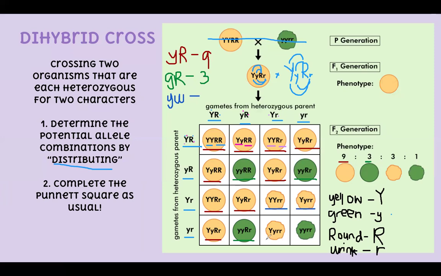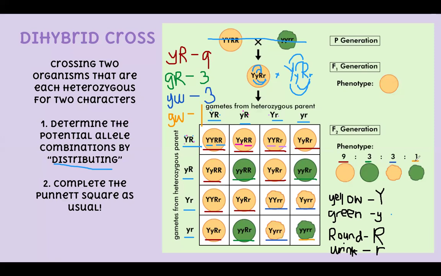This one would be yellow and wrinkled. This one would also be yellow and wrinkled. 3. And then one more. Let's use orange for green and wrinkled. This is a double recessive thing. All my boxes have already been marked, so that just leaves me with this one here.